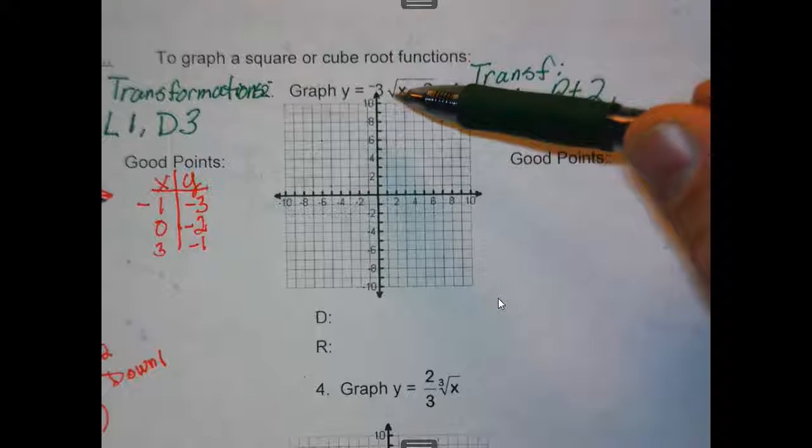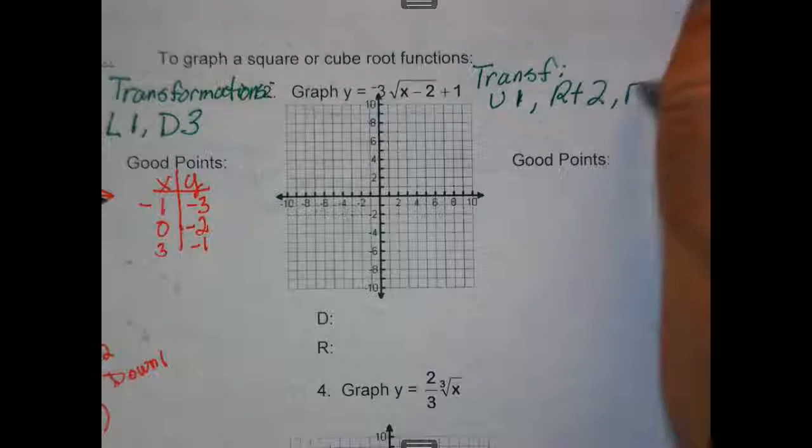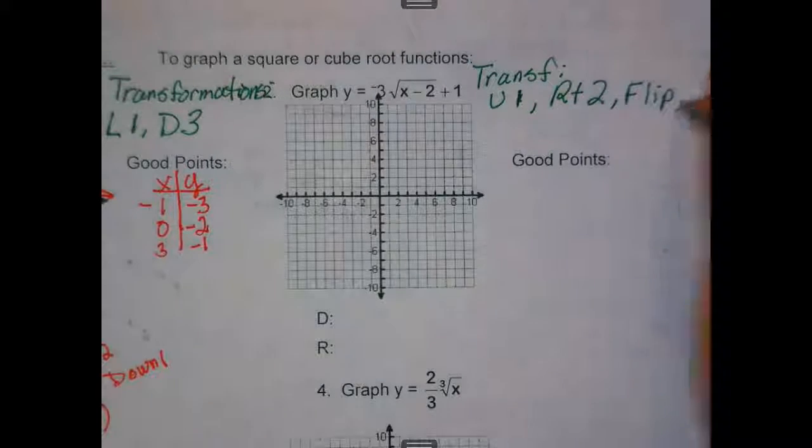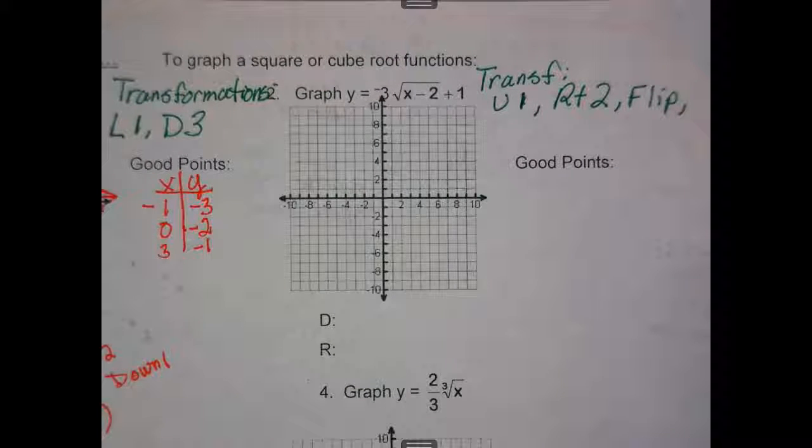It's doing 2 things. Going to flip it because it's negative. What else? Yeah, it's opposite the absolute value function. For the radical function, it's going to actually make it wider. Stretch it.